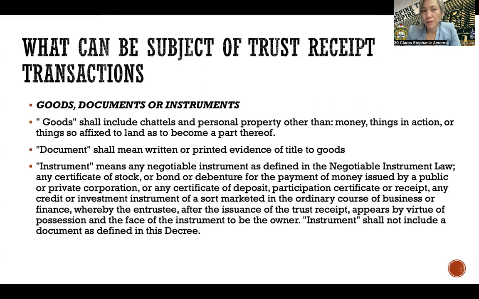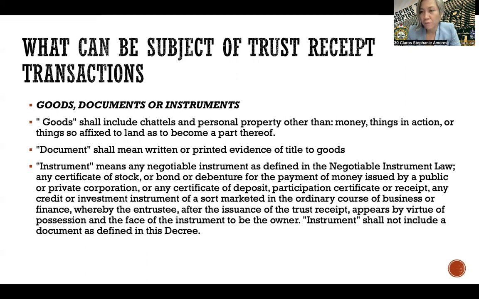Okay, so what can be the subject of trust receipt transactions? You know this already, GDI: goods, documents, or instruments. By goods, we understand that as being chattels or personal property other than money, things in action, or things that are affixed to real property.